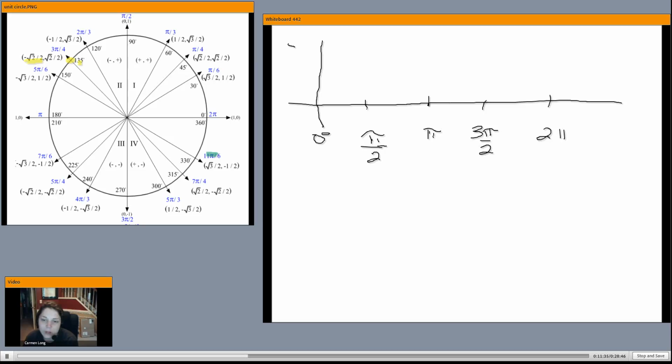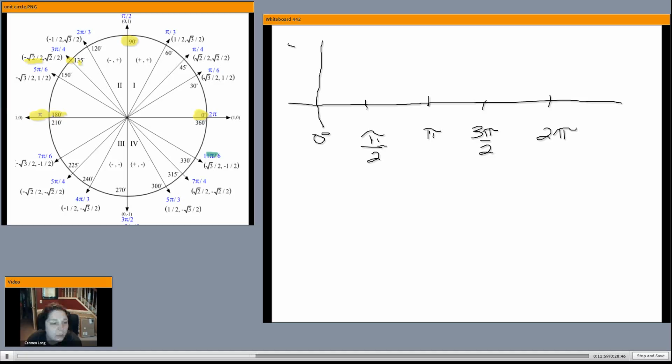Let's talk about what these are. Look at your unit circle over here. Our 0 degrees is right here, that's 0 pi. Then our 90 degrees is pi over 2, that's half of 180. Pi is the same as 180 degrees, so it makes sense that the axis is 90, it's half. And then 180 plus 90 is 270.